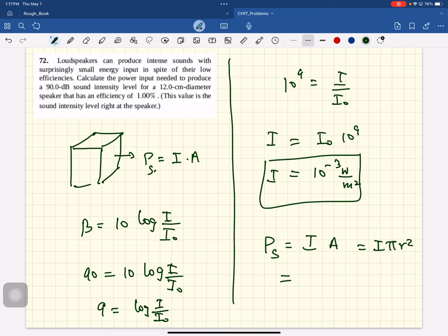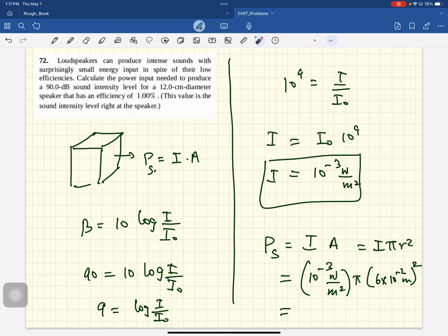So 10 to the minus 3 watts per meter square, times pi, times 6 times 10 to the minus 2 meters, squared.